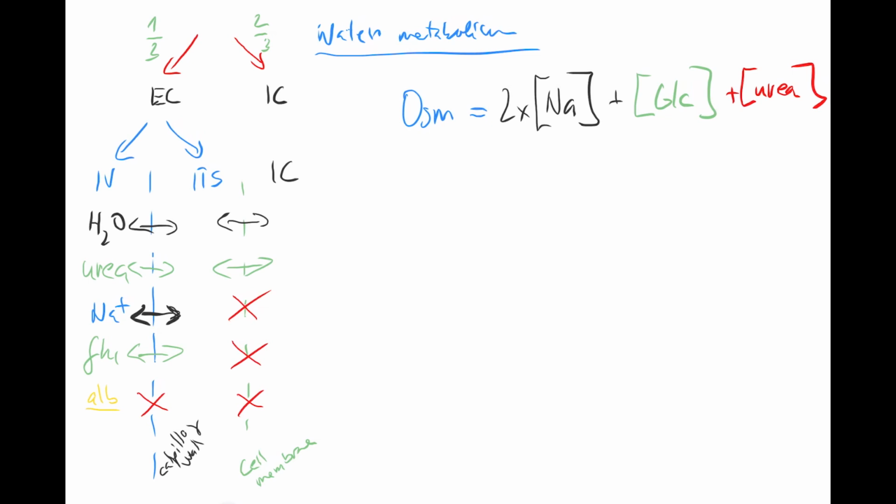So this is the formula. But is this exact? No. If you want to know exactly the osmolarity of the plasma or of the blood, you should add all the substances or particles that are in the blood together, and that would be exact.